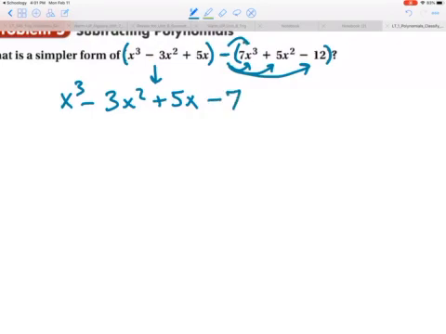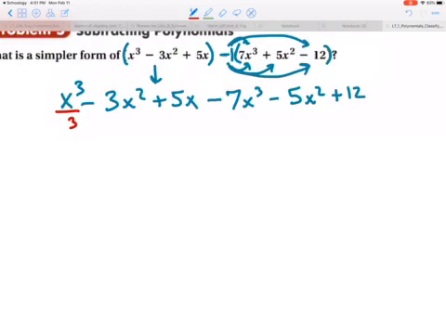It becomes negative 7x cubed, negative 1 times 5x squared is minus 5x squared, and then a negative 1 times negative 12 is plus 12. So when you subtract 2 polynomials, you have to distribute the negative 1 into each term of the second. Then you need to add your like terms.